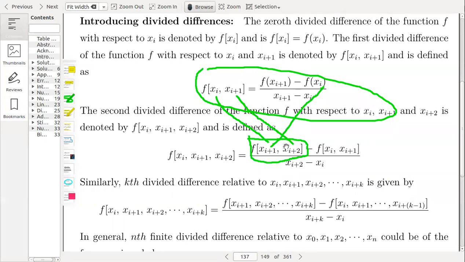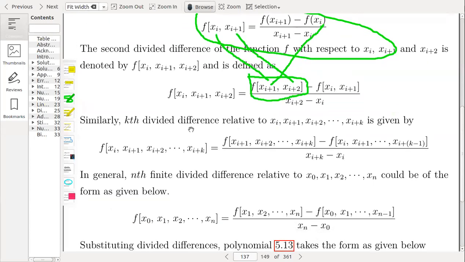We will make use of this formula. Then we will get the exact value of this second divided difference in the form of simple functions f(xi), f(xi+1) and f(xi+2), like this one.